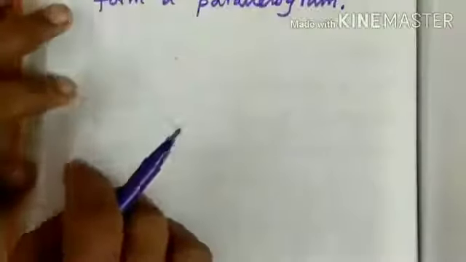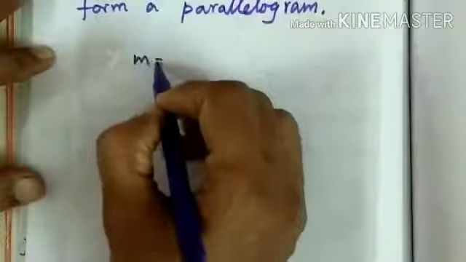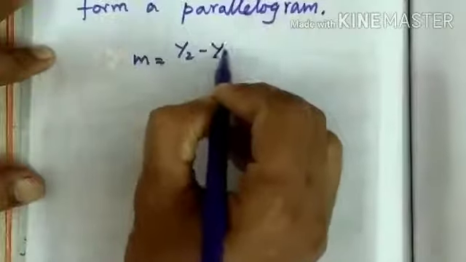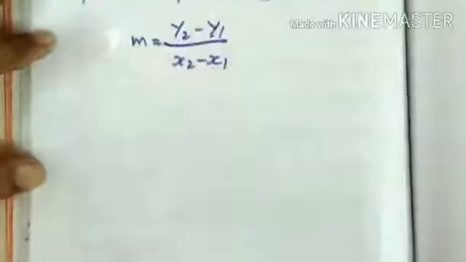So, in another method, we have to prove this by using the slope concept. First, you take down and write the formula. Slope of a straight line m is equal to (y2 minus y1) by (x2 minus x1).